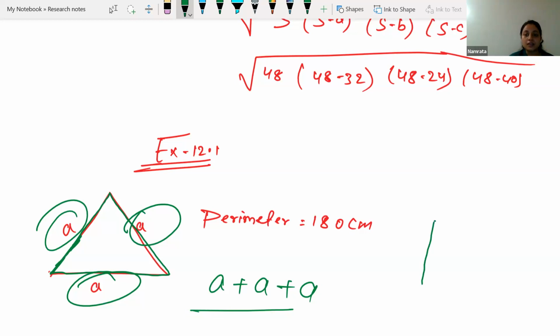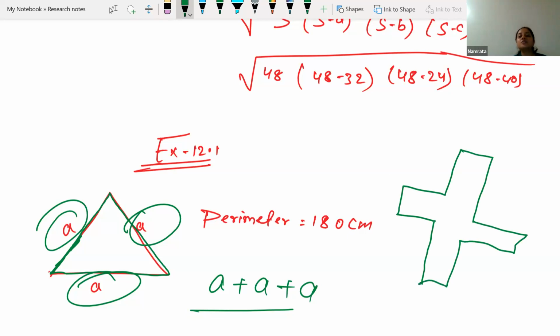Suppose I am walking on this type of road. First I go straight, then turn this side, then again this way, and so on. If this is 5 centimeter, this is 2 centimeter, this is 1 centimeter, this is again 2, this is 5, this is 2, this is 8, this is 7, this is 1, this is 4, this is again 5, and this is 2.